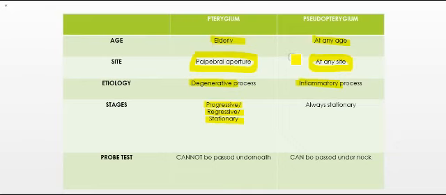And on probing, normally the probe doesn't pass underneath the pterygium, but it passes under the neck in case of pseudopterygium. That brings us to treatment then. The best method of treatment would be surgical excision. That is the best.